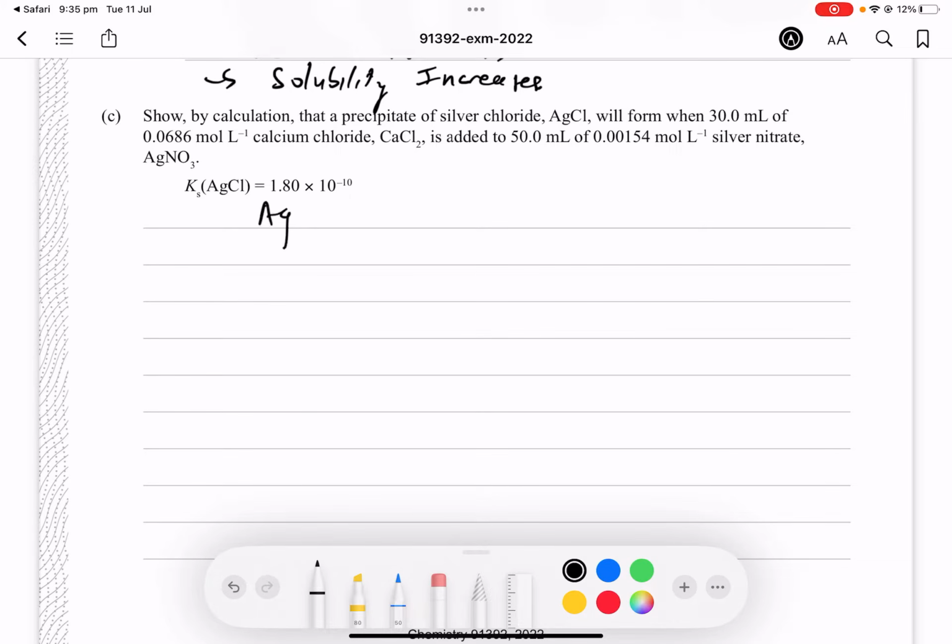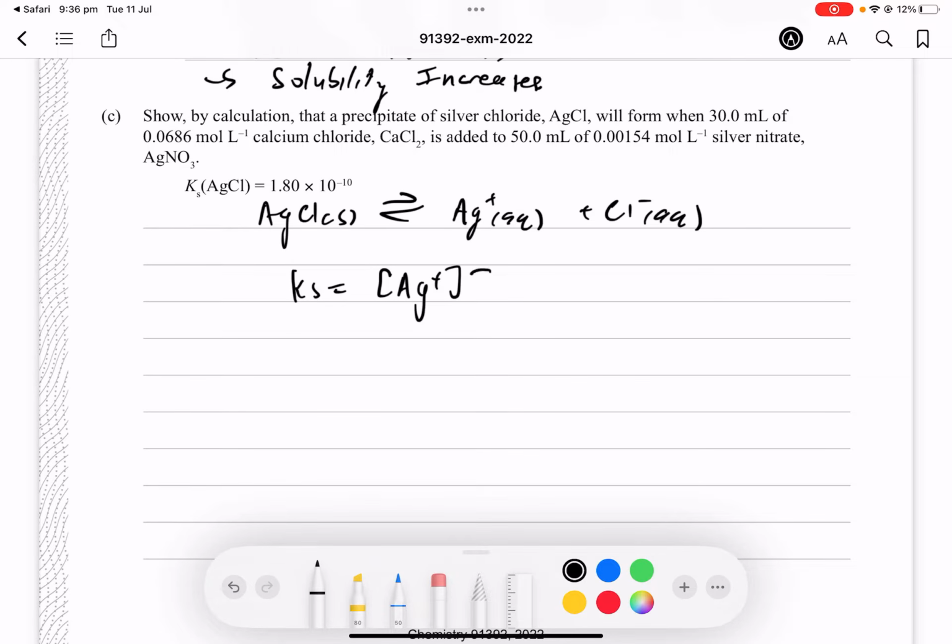So we have AgCl, and it's going to dissociate to form Ag+ ions and Cl- ions. The expression for Ks will just be equal to the concentration of Ag+ multiplied by the concentration of Cl-. That will be the expression for the Ks constant for this equilibrium.